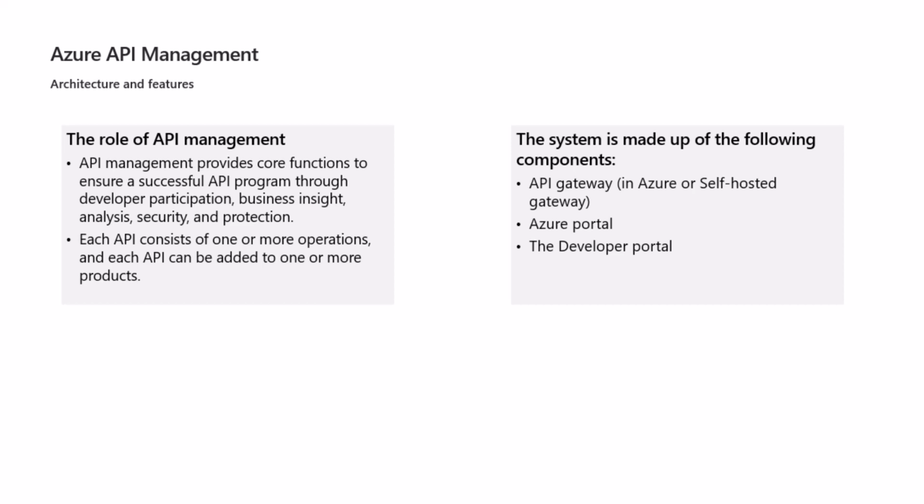Why? To optimize API traffic and ensure compliance with local regulations and guidelines, for example. The self-hosted gateway enables customers with a hybrid IT infrastructure to manage APIs hosted on premises and across clouds from a single API management service in Azure.